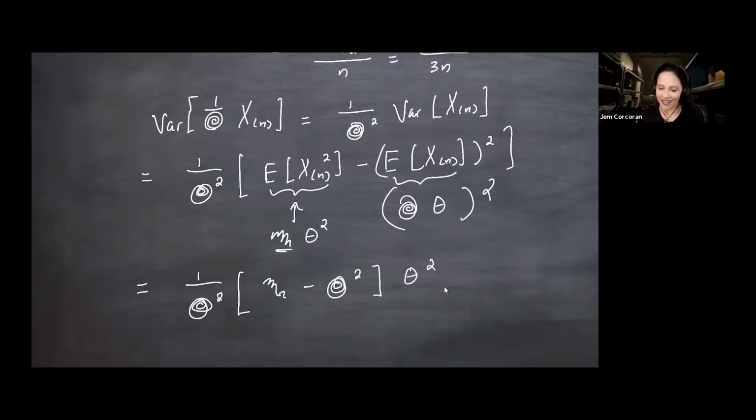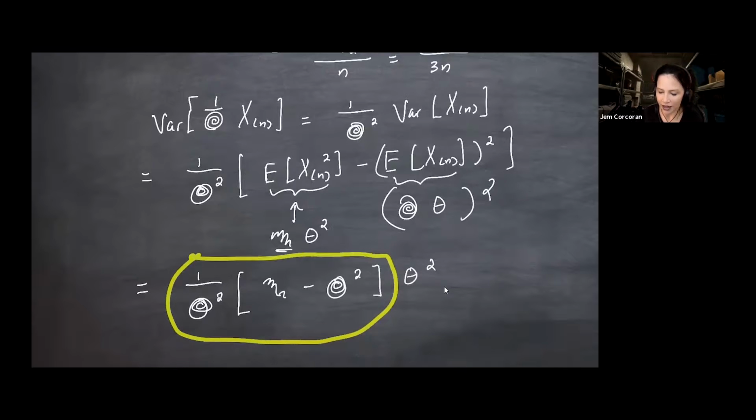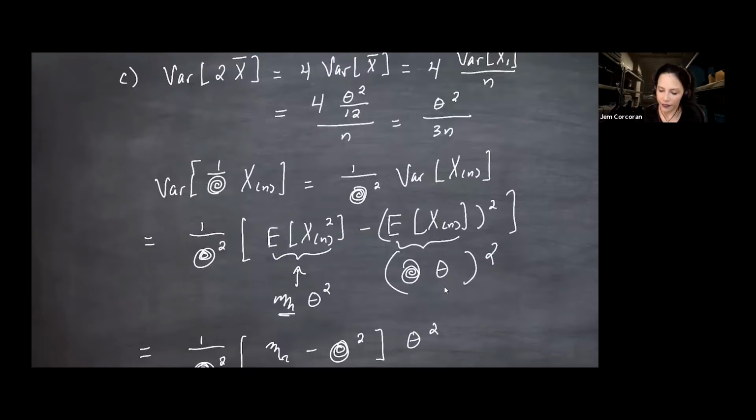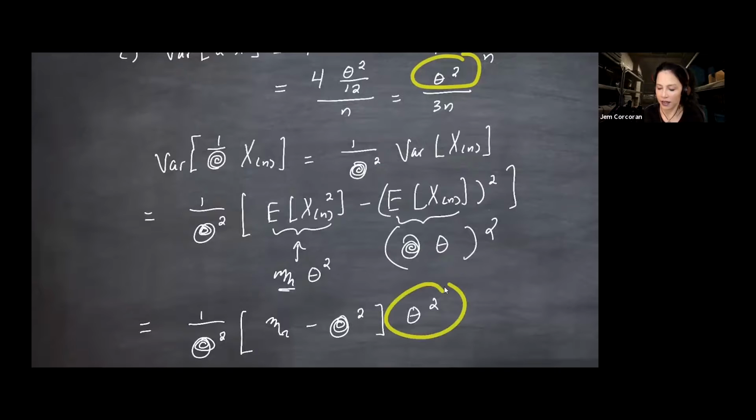So it's going to come down to comparing this to 1 over 3n to figure out which one has the smaller variance. They should both end up with a theta squared and then some kind of constant in front. And you want to say that hopefully one is less than or equal to the other for all n. They should have the same value, just as a check, when n is 1, because when n is 1, x bar is just x1 and the maximum is just x1. That'd be a good check.